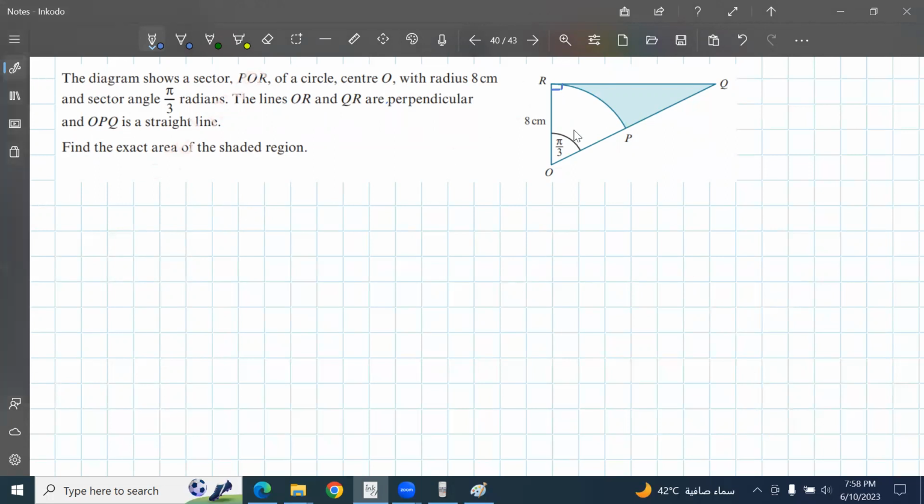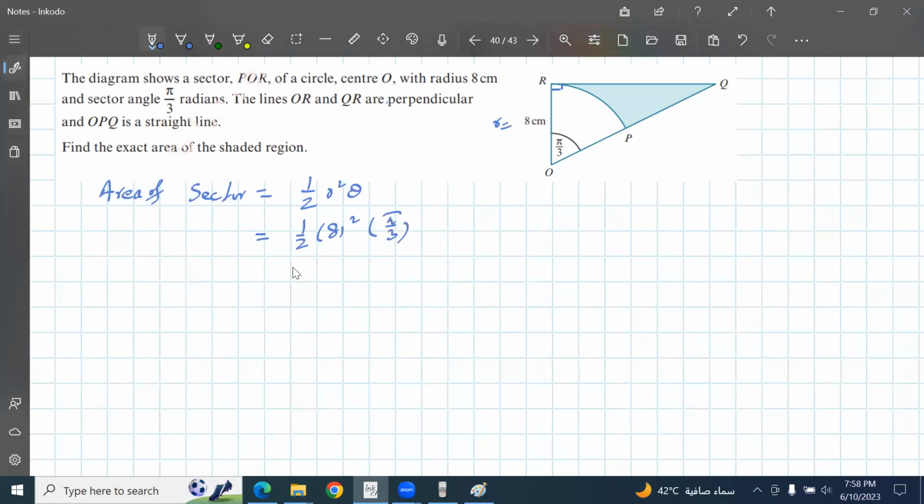So we will not use the value of pi and the square root value. First thing, we will find out the sector area. The formula is 1 over 2 r squared theta. So r is 8, 1 over 2, 8 squared, theta is given, which is pi over 3.